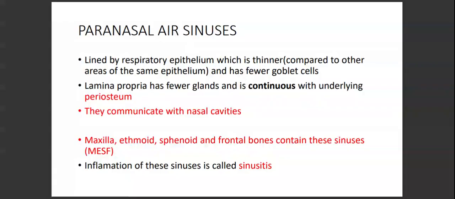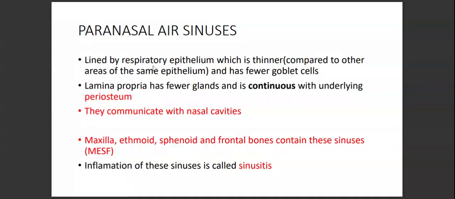So you start feeling as if your head is heavy. That is because these air sinuses are blocked. Okay, so these are important things that you have to know about these paranasal air sinuses.